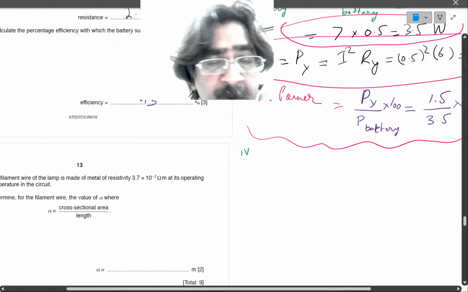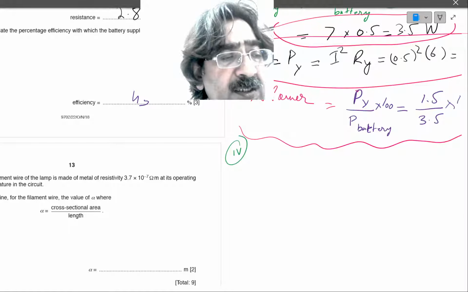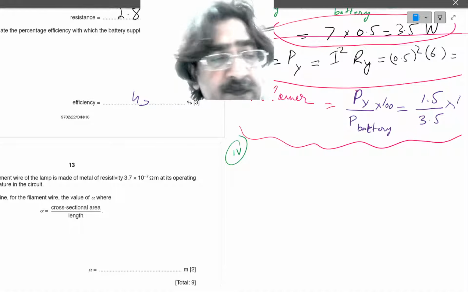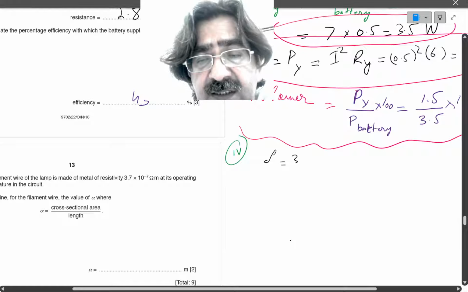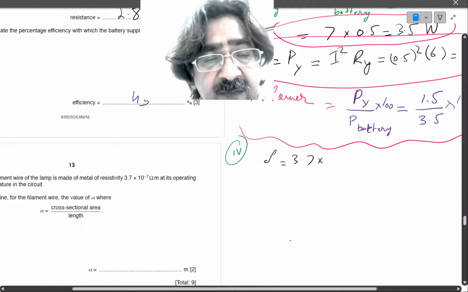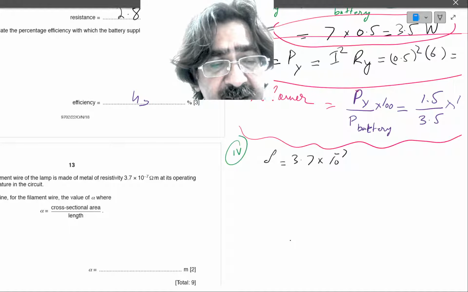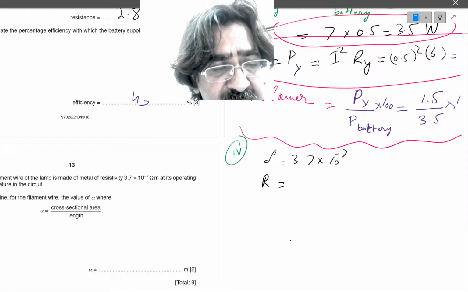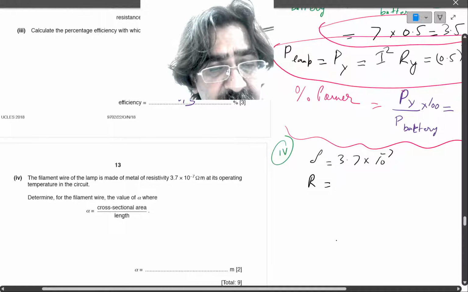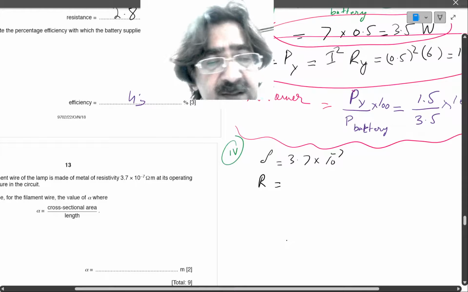As we know, the resistivity is given as 3.7 × 10 raised to power minus 7, but we have to find the cross-section area of the wire.